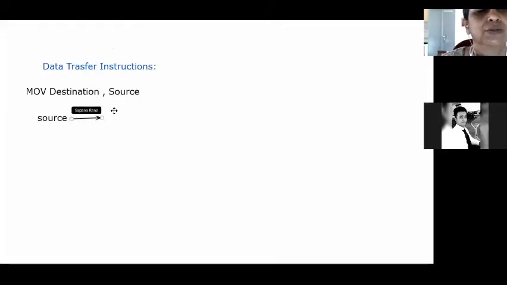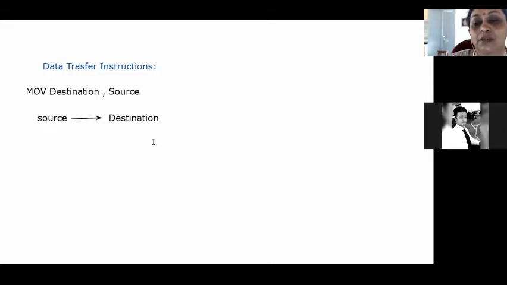So this type of transfer is non-destructive transfer. What is the meaning of this? After transferring the contents from source to destination, the same contents are also available with the source.